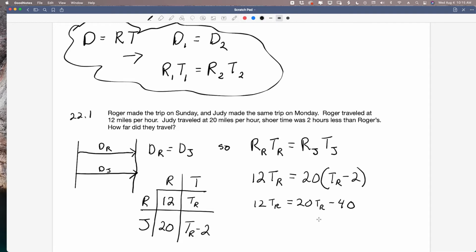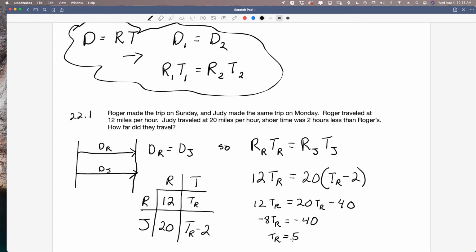Let's bring 20 over here so we don't have to do this twice. That's going to be a negative 20 when we change signs. So that's positive 12 and negative 20. It's going to be negative 8 TR equals negative 40. So when we divide, TR is going to be equal to 5.